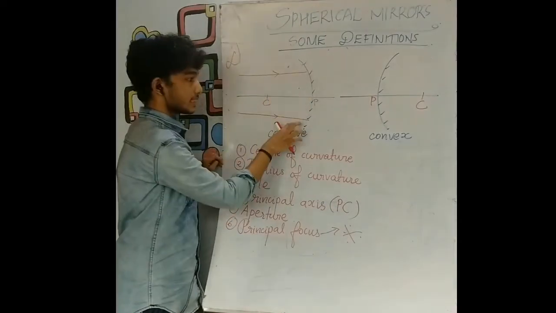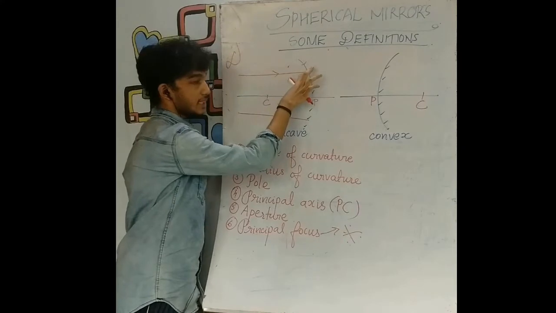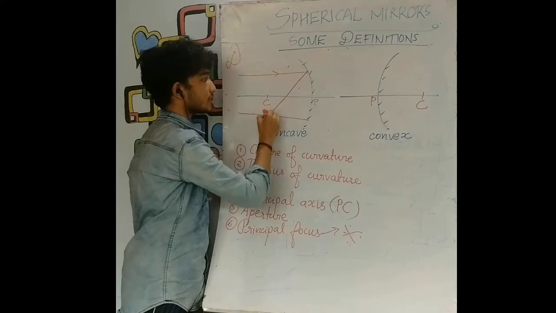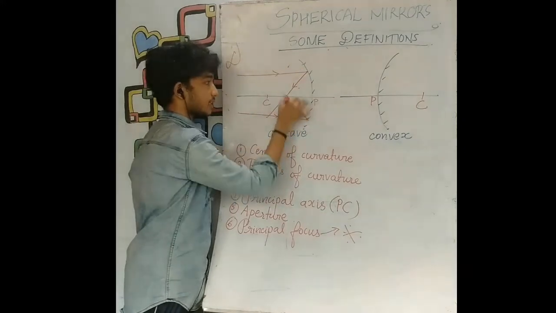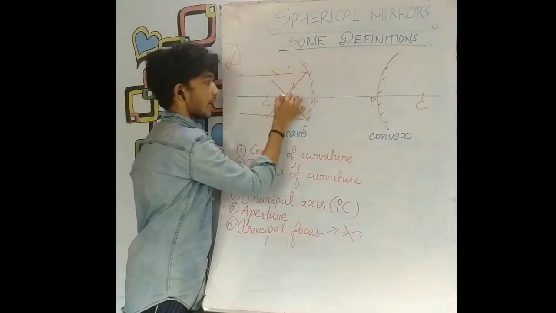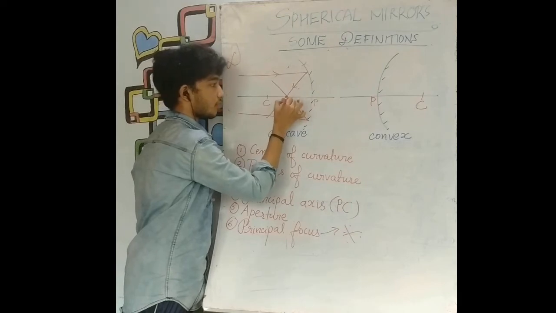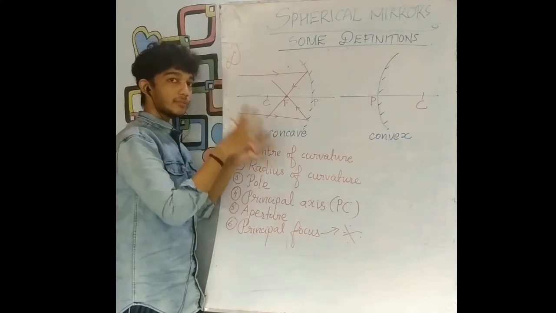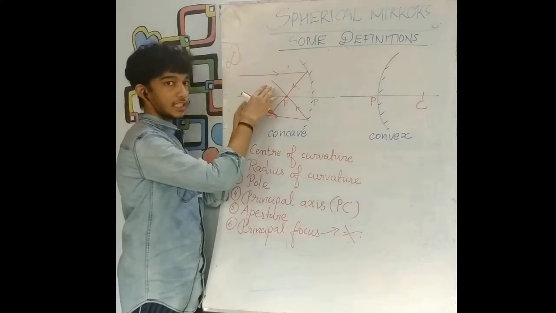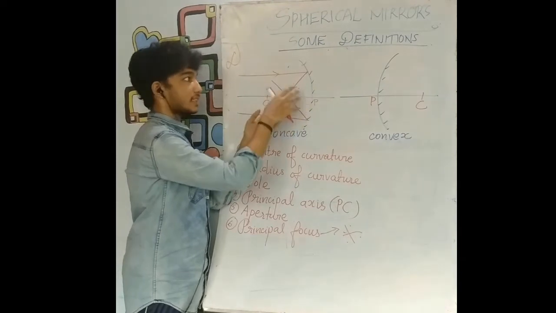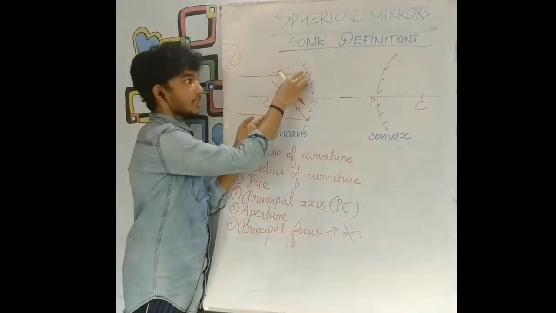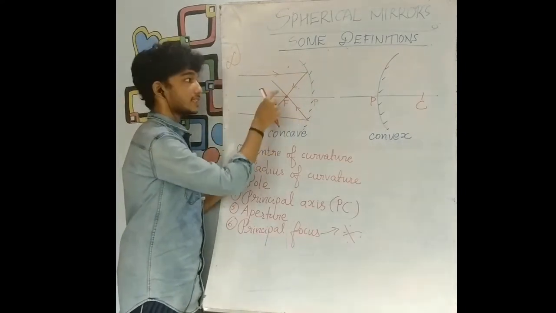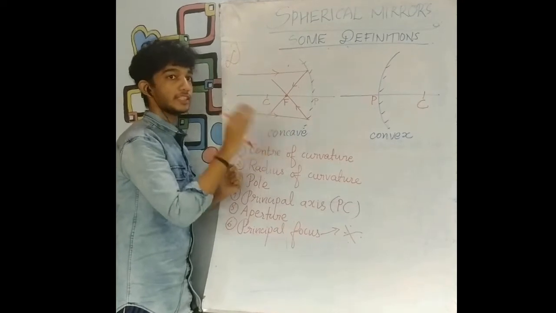After striking the mirror, these incident rays get reflected. That means these reflected rays converge at a point, and this point is known as the focus of the concave mirror. So focus means when a beam of light is coming from infinity parallel to the principal axis and striking the reflecting surface, then after reflection, the reflected rays converge at a point and this point is known as the focus of the concave mirror.